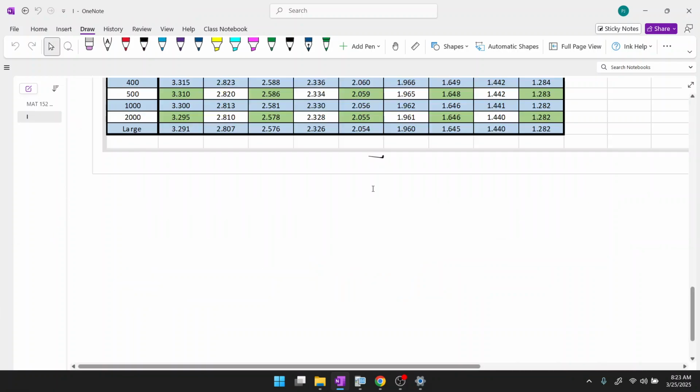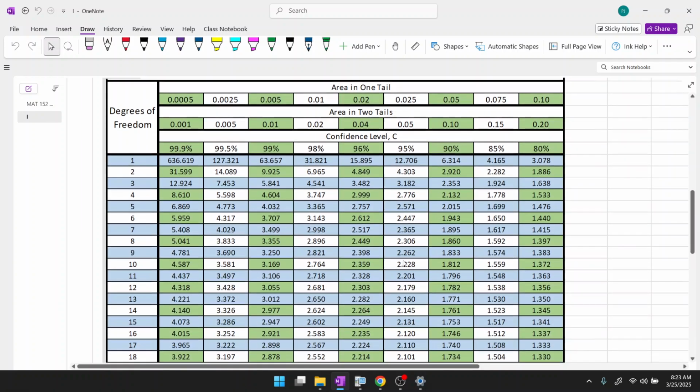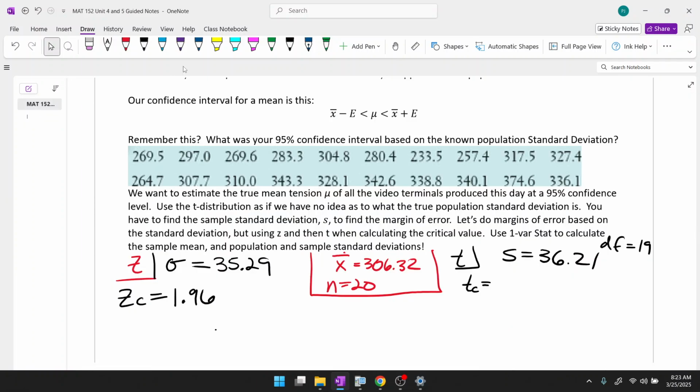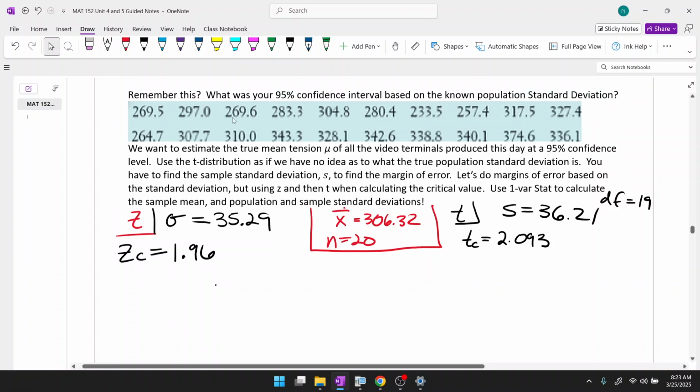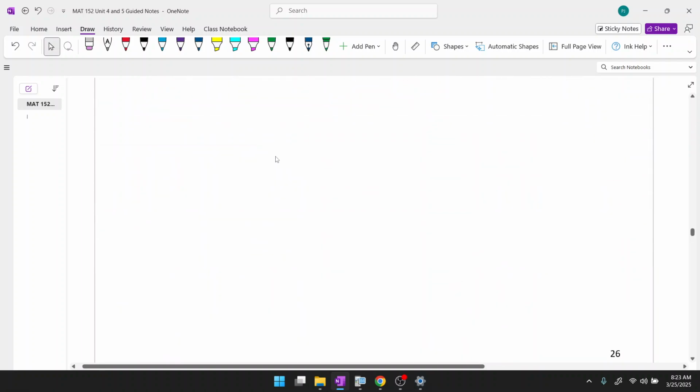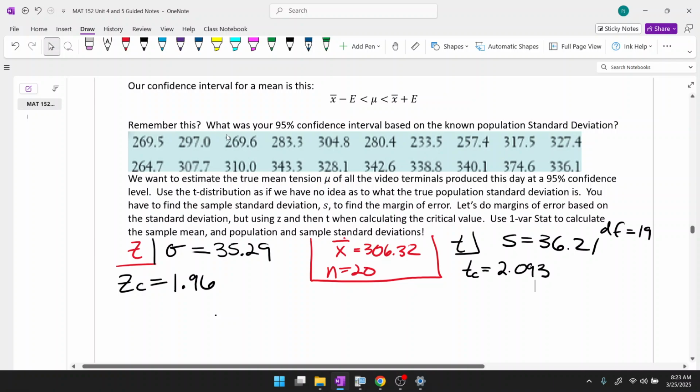So this T value for 95% confidence is going to be 2.093. In each event, we are going to determine the margin of error, and then we'll be coming back to this at another point to do the confidence interval.